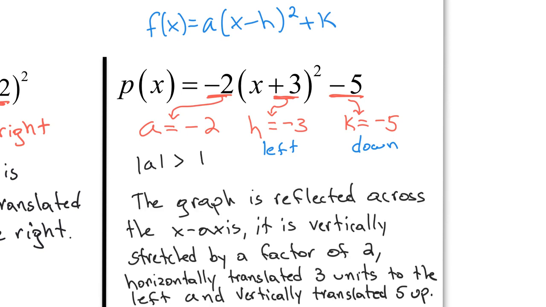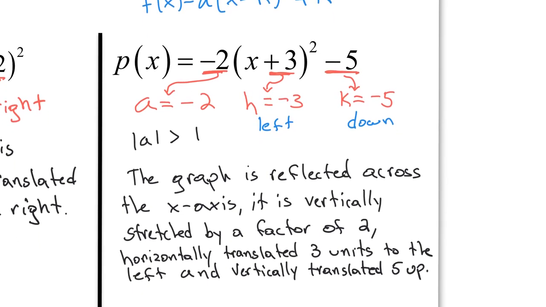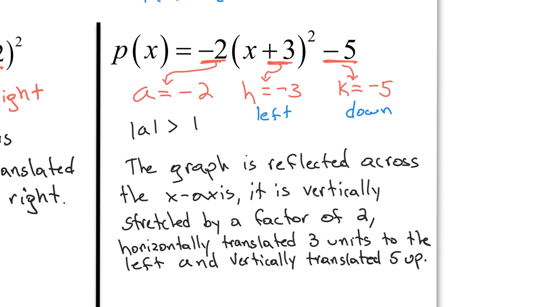So here is the actual sentence, and I'm just going to move this a little bit higher so you guys can read everything. And it says here that the graph is reflected across the x-axis, so that's your negative a. It is vertically stretched, because the absolute value of a, which is 2, positive 2, is more than 1, so that's a vertical stretch by a factor of 2, and that's what we have to say.